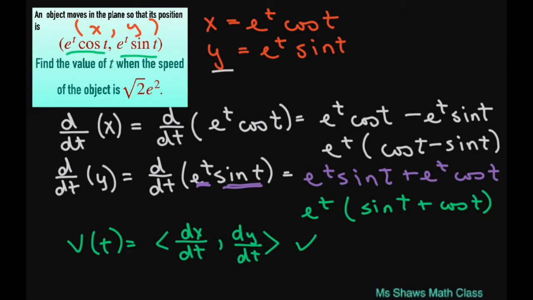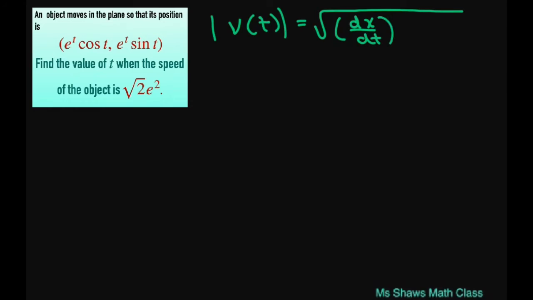Now we're going to have to take the distance, because your speed is going to be the absolute value of v of t, and that's going to equal the square root of dx divided by dt squared plus dy divided by dt squared.